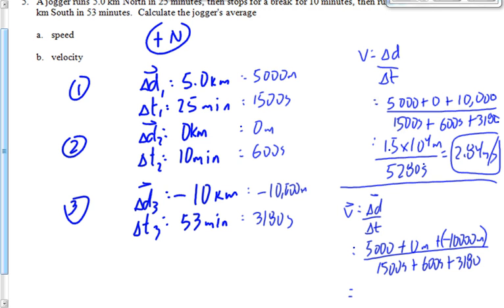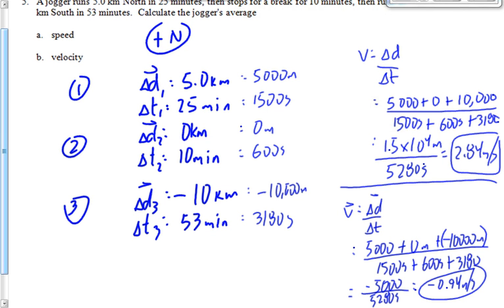So we add those together, we get negative 5,000 divided by my time, still 5,280 seconds, gives me negative 0.94 meters per second, or that would be 0.94 meters per second to the south. If I did that in kilometers per hour, I would have gotten negative 3.4 kilometers per hour.